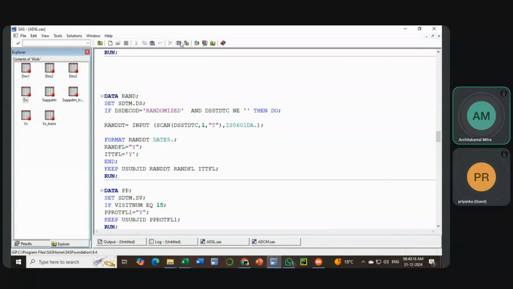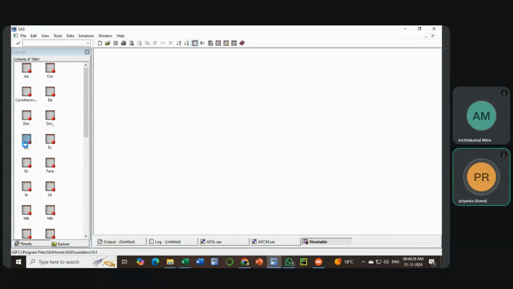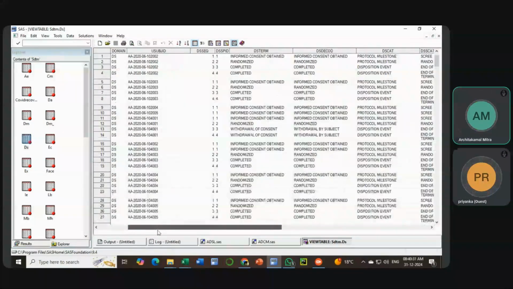Let's go to DS once again, the SDTM DS, sorry. I got confused whether we are doing ADaM or SDTM, that's why I said raw.